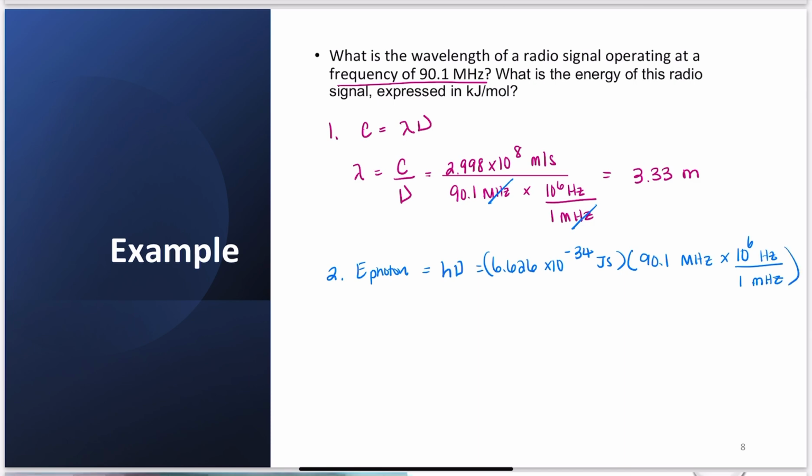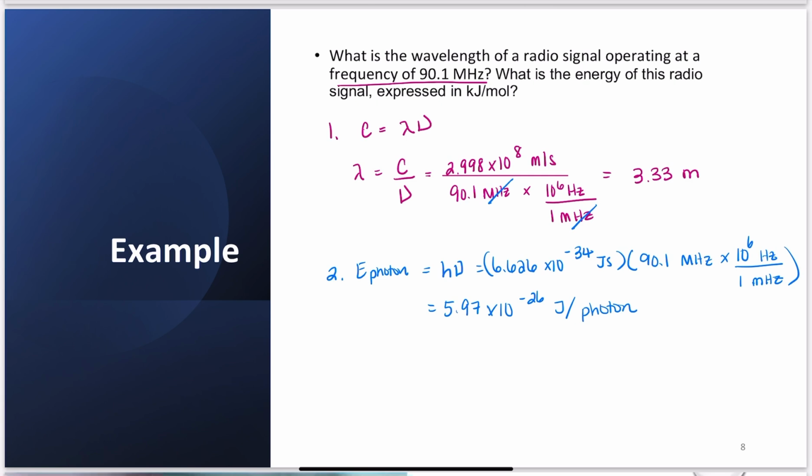You don't have to do them all in one calculation. You can do it separately. I just don't feel like doing it separately. I feel like writing it out right here. This gives me a numerical value here of 5.97 times 10 to the -26 joules per photon.